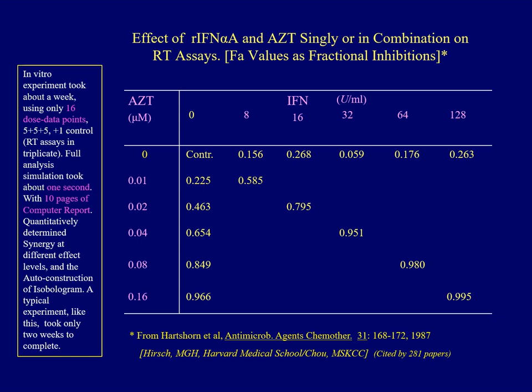This is a real data anti-HIV example for AZT and interferon in vitro, single drug and their combination. It used only 15 dose data points. The experiment usually took only 2 to 3 weeks to complete.